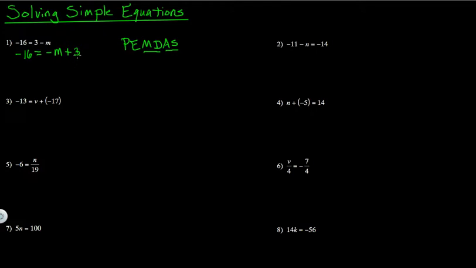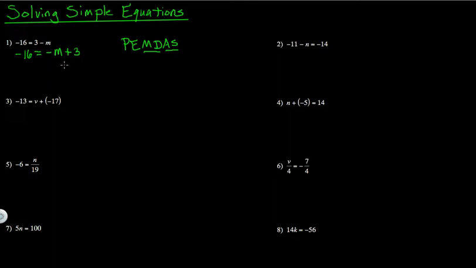So the last thing that we did to m was we added, in this case, 3. Again, addition and subtraction comes after multiplication and division. So we added 3. To undo an addition of 3, we are going to use the converse of 3, the complement of 3, which is subtraction. All right, so we're going to subtract 3 from both sides of our equation.